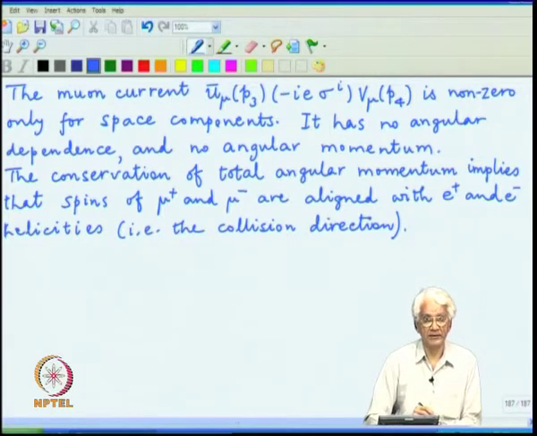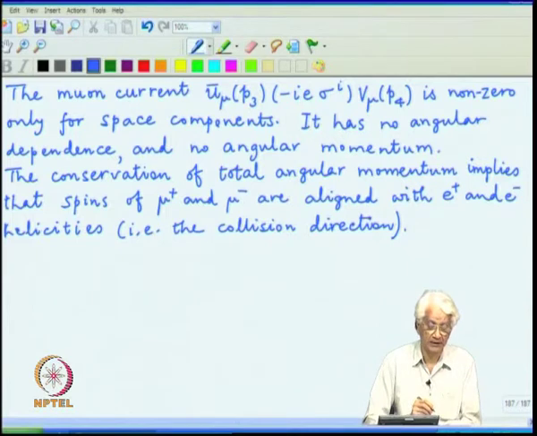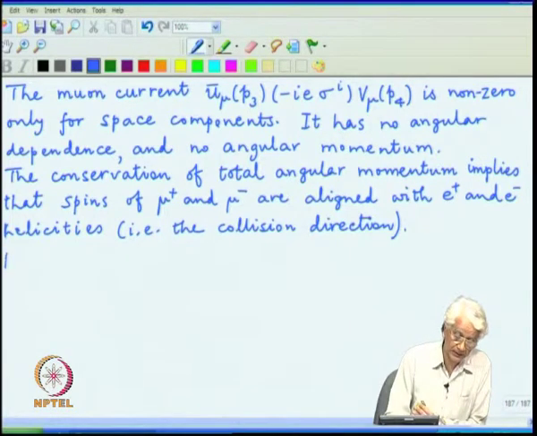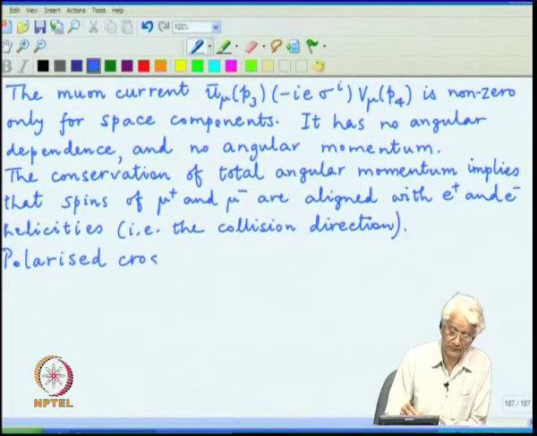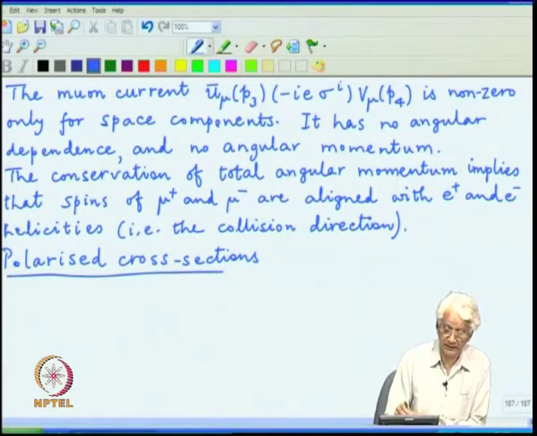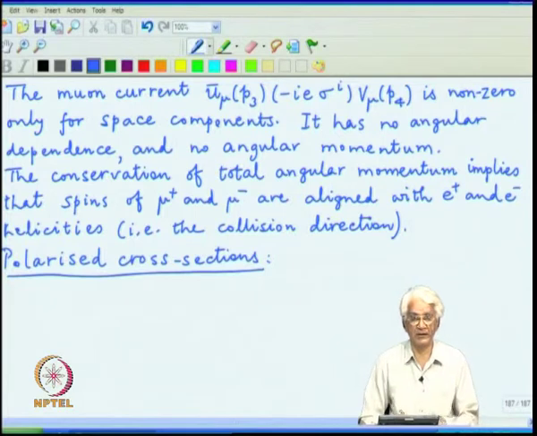That is having the beams e plus and e minus polarized in specific directions, and then we can worry about what will happen to the different possibilities where the e plus and e minus have the same polarization, opposite polarization.